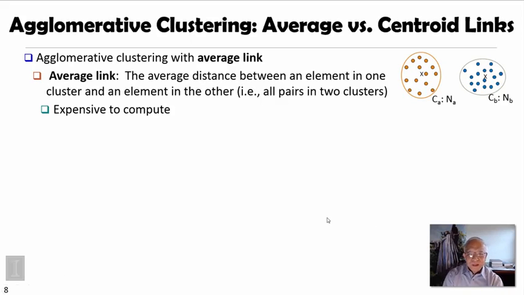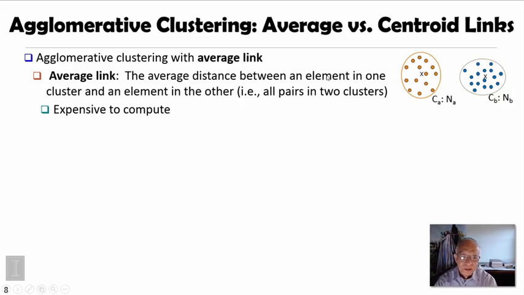Then we look at the average link. The average link between two clusters is rather expensive to compute, because you want to calculate the average distance between all the elements in one cluster and all the elements in the other cluster. That means you calculate all the pairs between the two clusters, then average them.